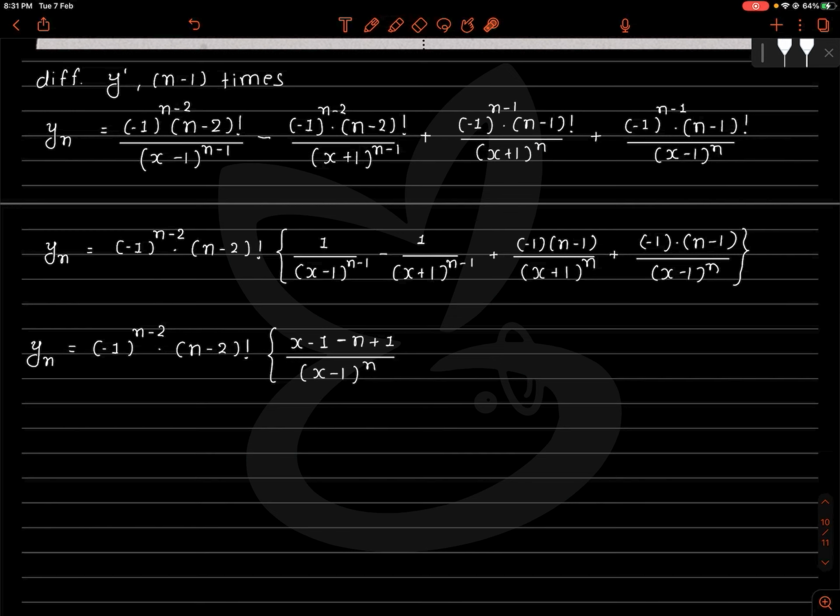Now let us take these two terms into consideration. We will get plus 1 minus n minus (x minus 1) upon (x plus 1) raised to n.